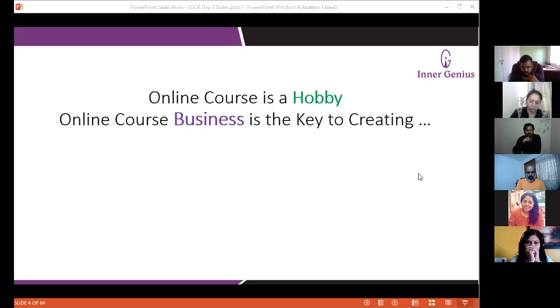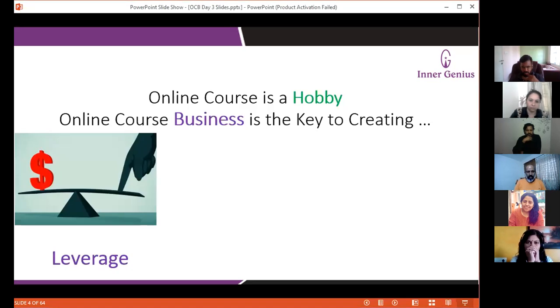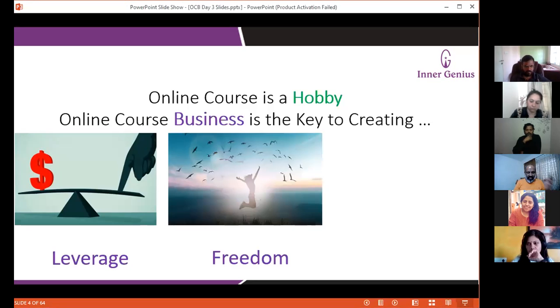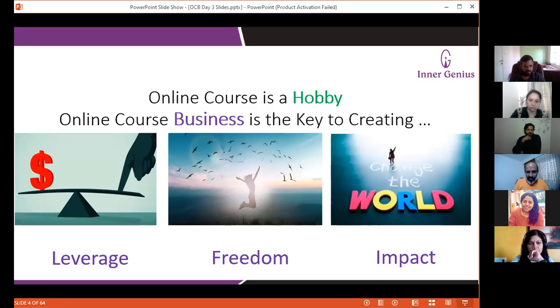Leverage relates to time. All right, and the next one is freedom, which relates to money. And the third one, impact. Wonderful, thank you. That relates to people.